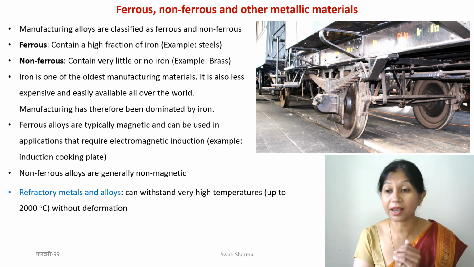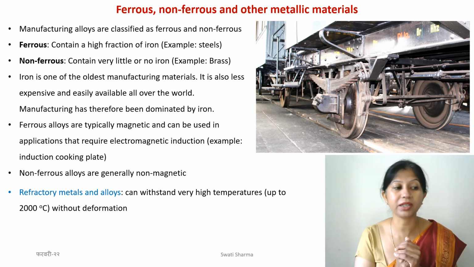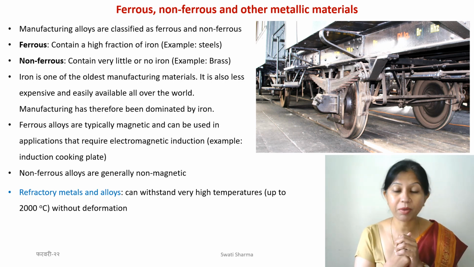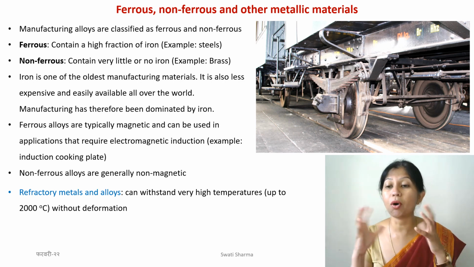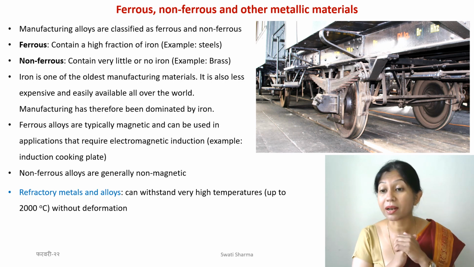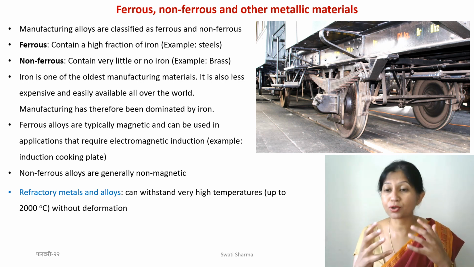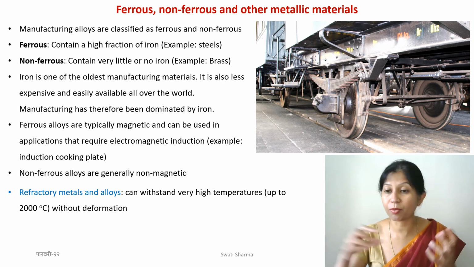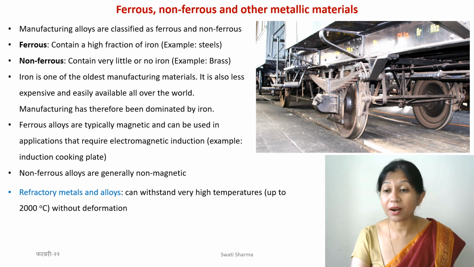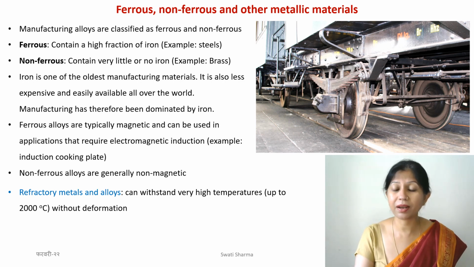Refractory materials in manufacturing applications are the materials that can withstand a lot of heat without being deformed. So they can be used, for example, for making molds in which you pour boiling hot metal. Your mold itself should not get damaged when you pour boiling hot metal in it. So those materials which can be used for mold making are known as refractory materials. Their important property is that they can withstand very high temperatures.